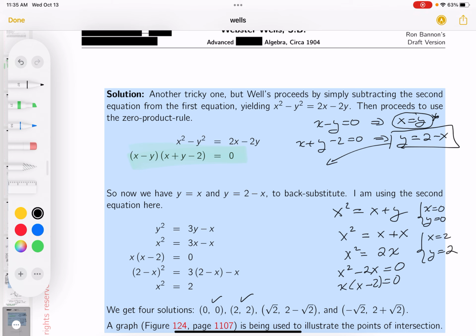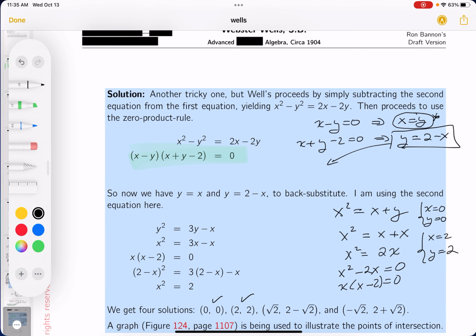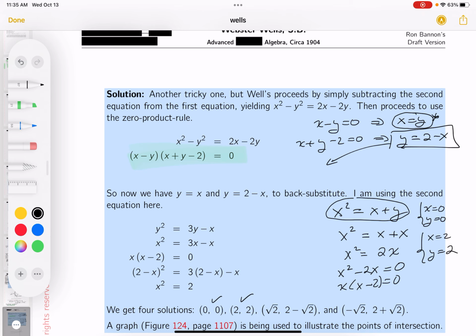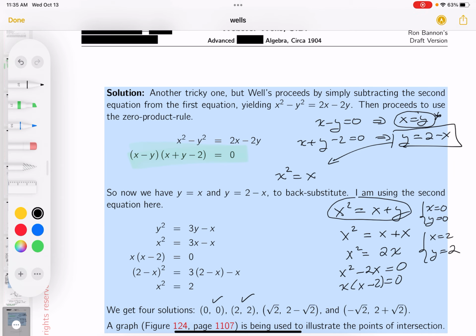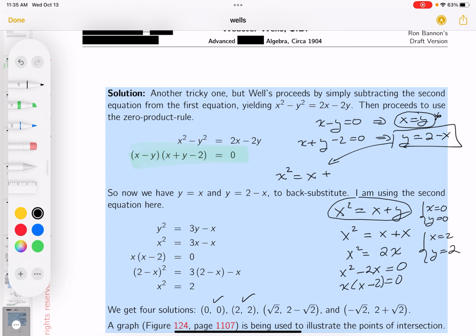Let's write it down. I'm still using this equation here. It's going to be tougher. That's why I saved it for last. So you get x squared equals x, and what's y? Well, it's 2 minus x, isn't it? Well, it doesn't look too bad.